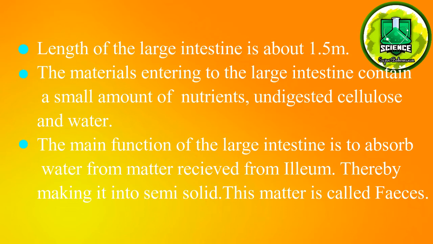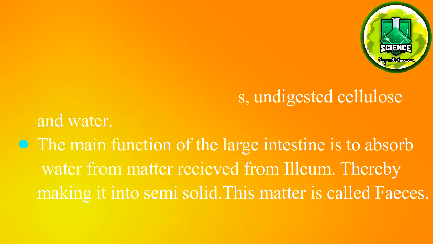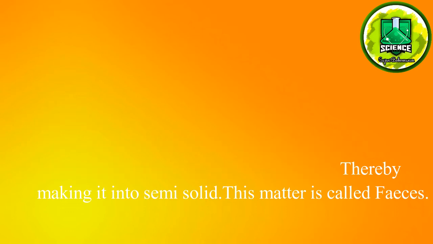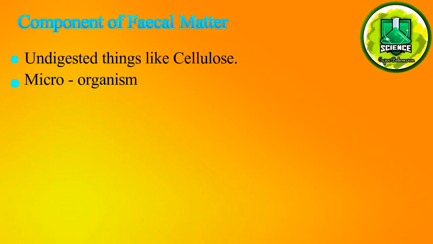Fecal matter is yellow in color due to bile pigments. Undigested food, microorganisms, epithelial cells, and mucus are present in fecal matter. When the large intestine fills with fecal matter, it passes out from the rectum.